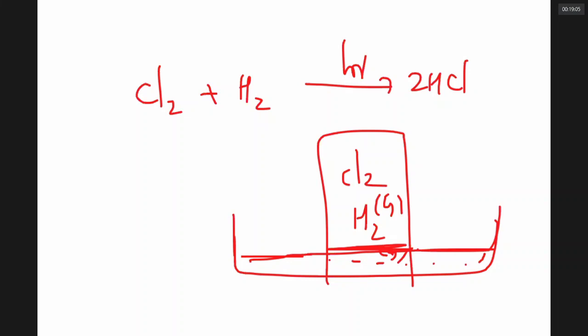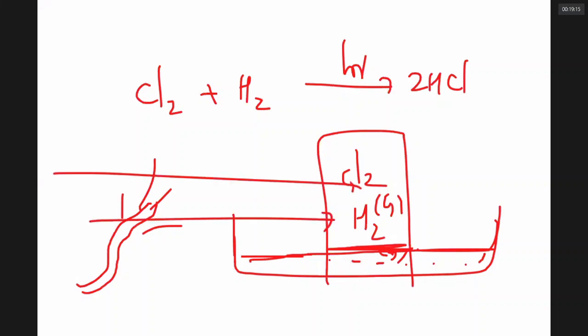Now, if I burn a magnesium wire here, or if I bring a powerful torchlight and focus the light, immediately hydrogen and chlorine will react with violence. You get HCl gas. The moment HCl gas comes, it is highly soluble in water.